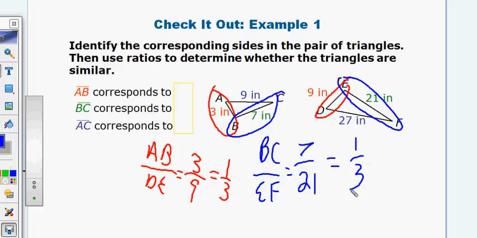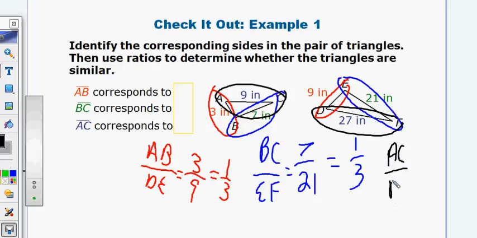Now, just because I've got 2 out of 3 done doesn't mean I stop. I need to look at the last side, AC, and it will match up with DF. AC over DF, which is 9 over 27, which once again becomes 1/3.